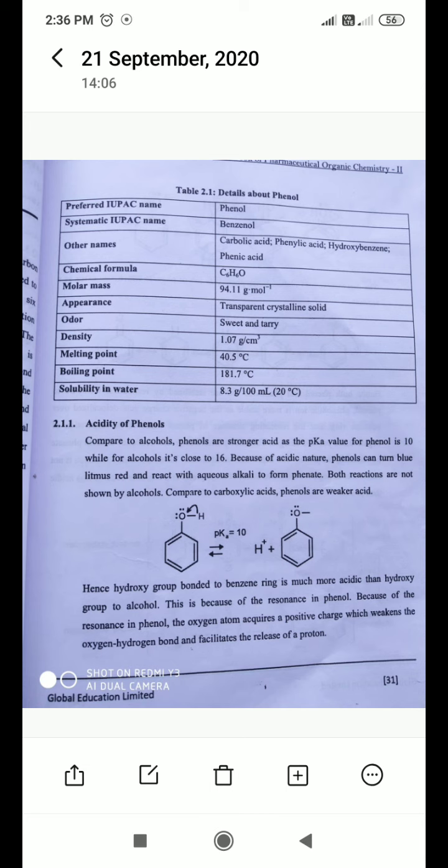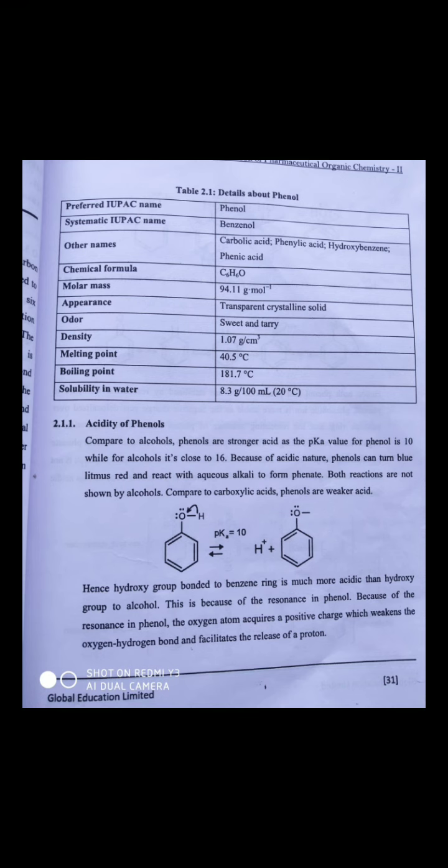Now, just look at the structure. The C-O-H bond angle: C is the carbon of the benzene ring, and OH is the hydroxyl group, which is responsible for the formation of phenol.